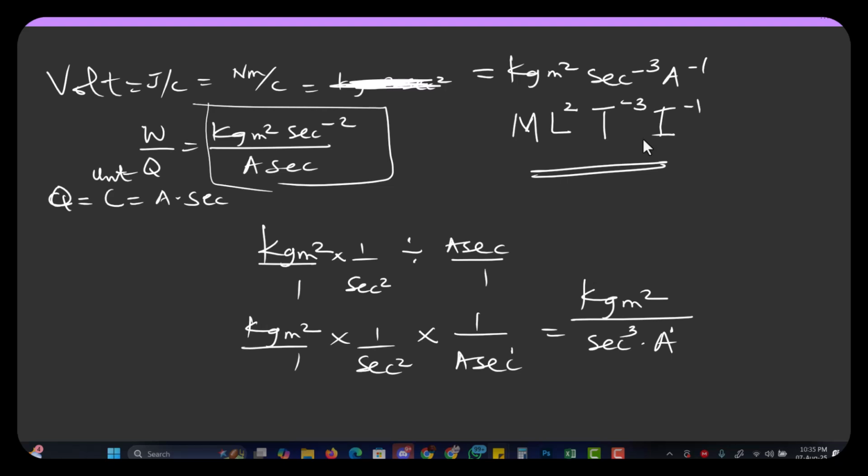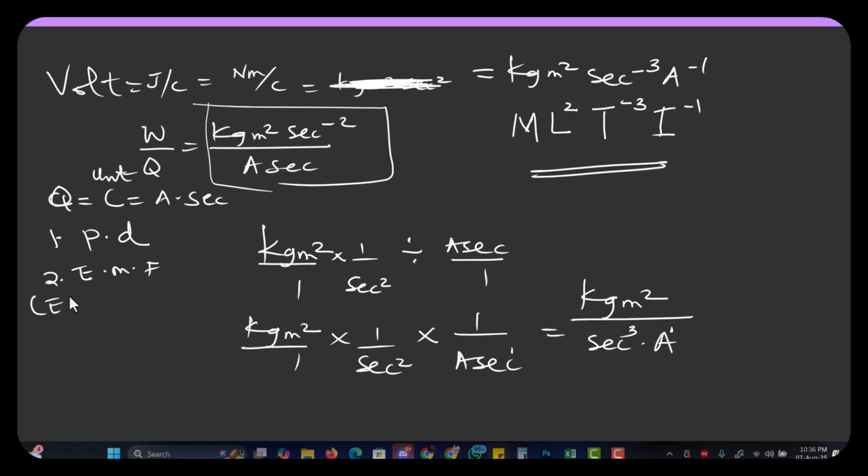Now, other quantities that have the same units and dimension as this include the following. Number one, we have a potential difference, PD, which I've mentioned already. Number two is electromotive force, known as EMF.